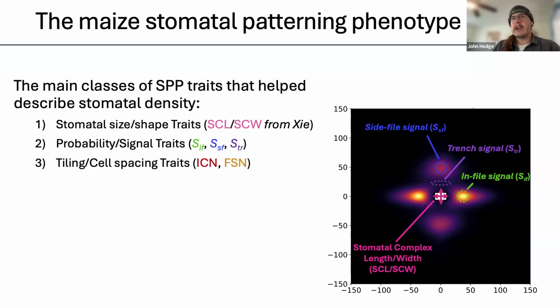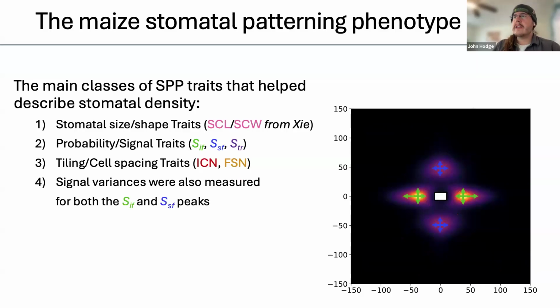Once we knew approximately where those foci were for the in file or the side file, cell spacing also seemed like it could be important. And so we captured our intervening cell number as a cell normalized distance to the in file signal or the side file signal, respectively.